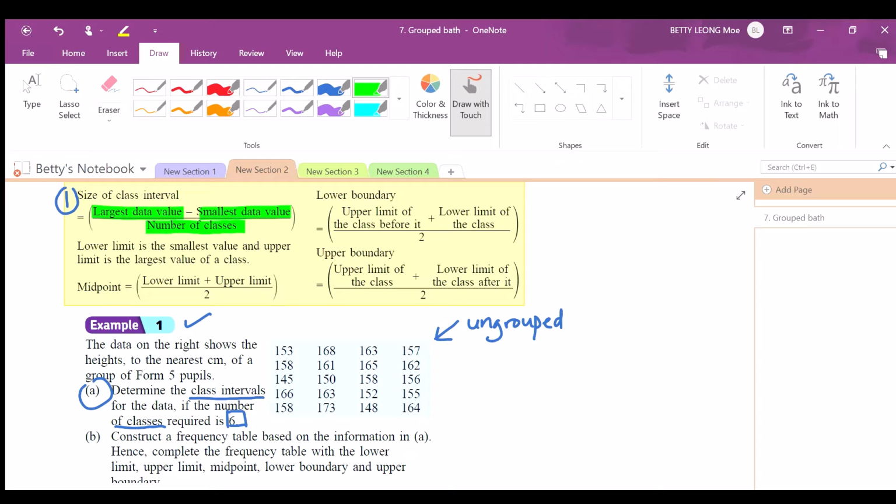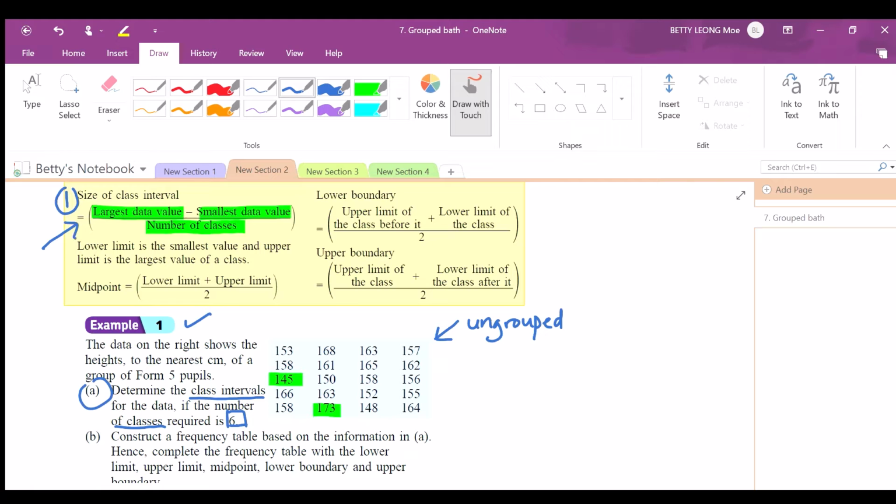From this data, the largest data is 173, and the lowest is 145.